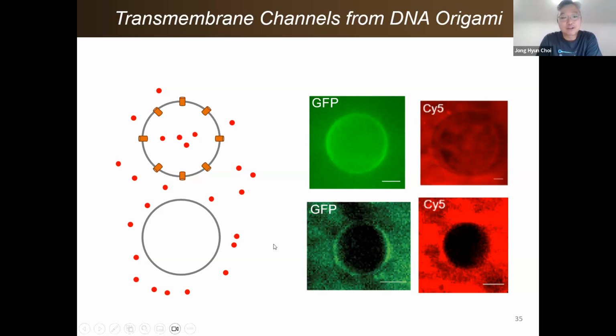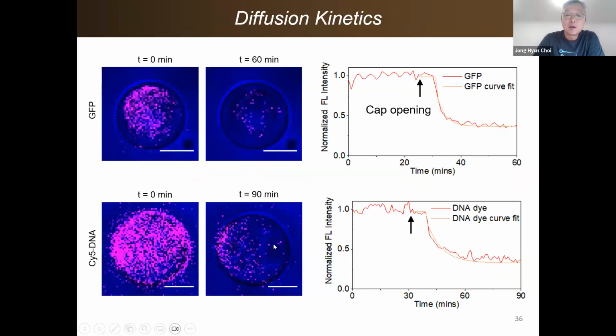Without the channel, obviously they cannot enter. But with the cap, you can also control their transport. Initially we embedded GFP and Psi5 DNA within the giant vesicles, and then some time later, we removed the lid of the DNA origami channels by using a set of releaser strands.